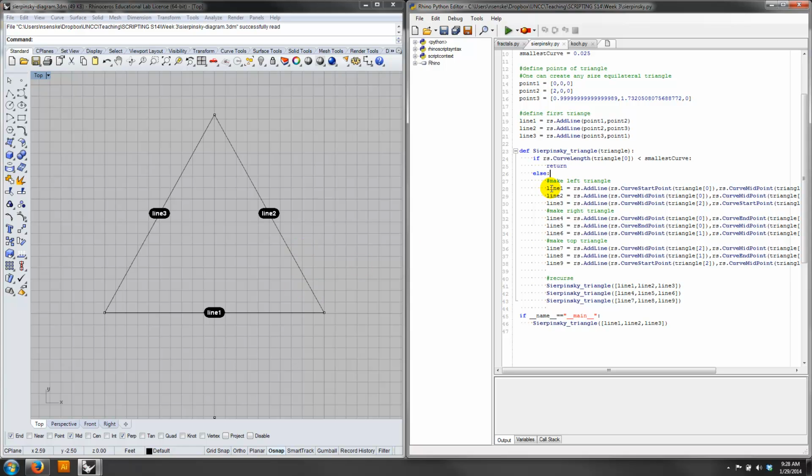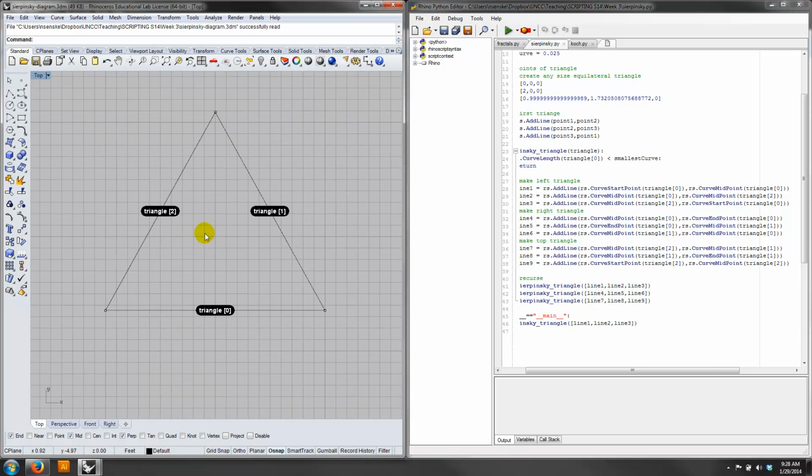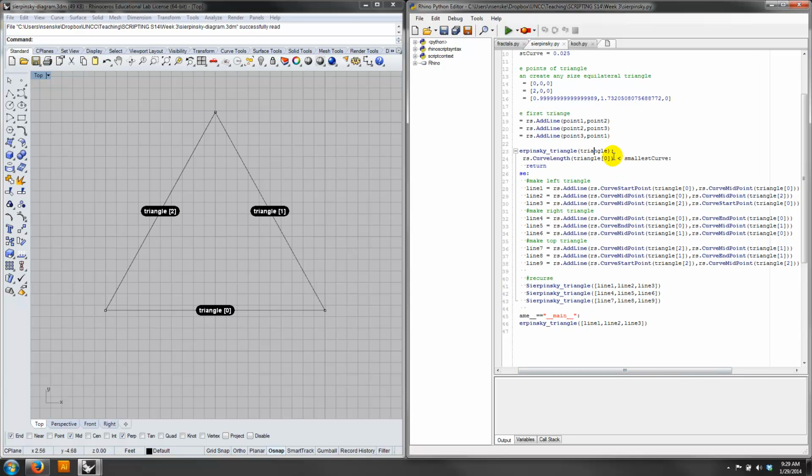That's where it's going to stop. Otherwise, we're going to make 3 triangles, and the way we do that is, not convoluted, but a lot of explicit code here. If we put a triangle into a Sierpinski triangle, it's actually a list of 3 lines. Okay, so when we do that, we change the data structure of it.